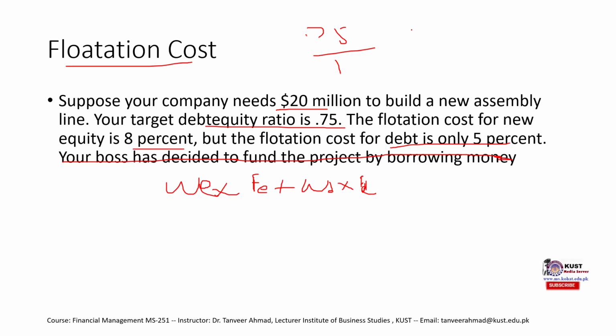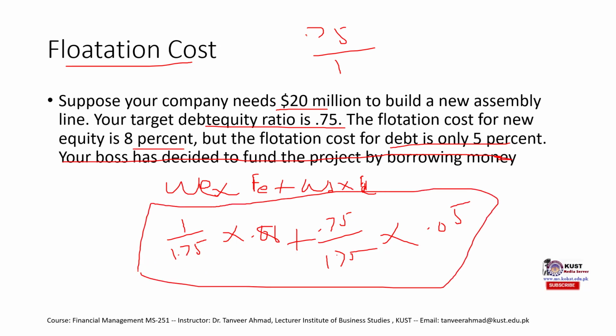The weight of equity would be 1 by 1.75 into 0.08, plus the weight of debt, which in this case is 0.75 divided by 1.75, into the flotation cost of debt, which is 0.05. So simplify this and you would get the flotation cost.